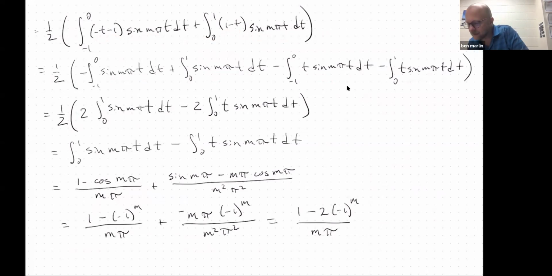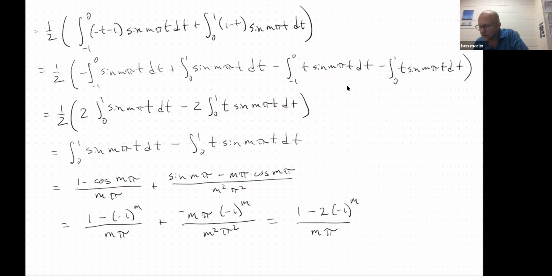And the thing that I observed from that is that this and that are actually going to give me the same thing. In fact, here on this part, since I'm integrating the same thing across these two adjacent intervals, I could have just joined them together and said it was -1 to 1.